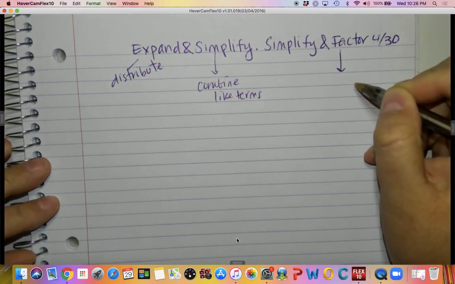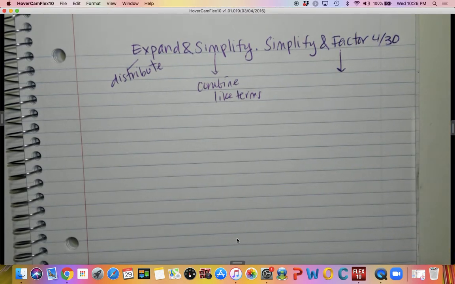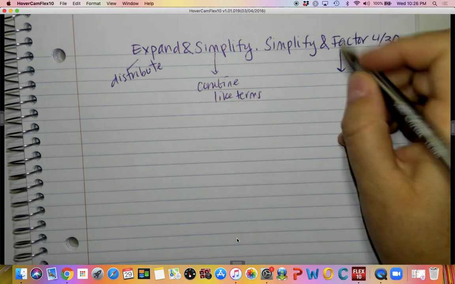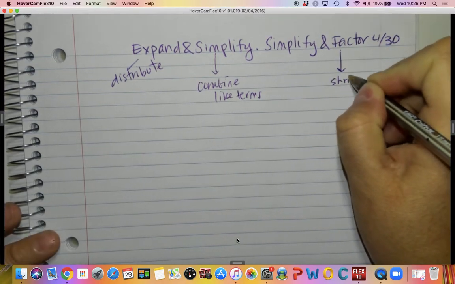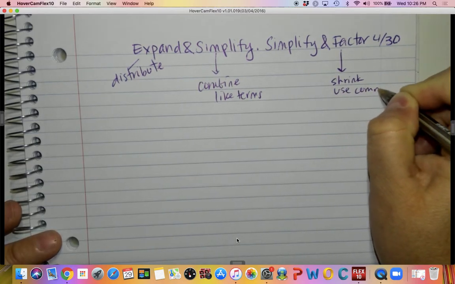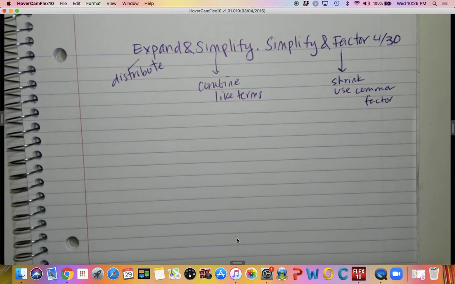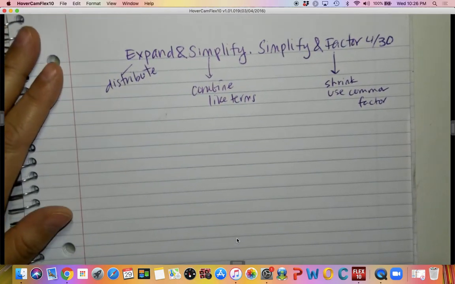And factor is when we undistribute. What did I call it? We shrink the problem, or use the common factors. Okay, so that's just a brief reminder of what all of those words mean.